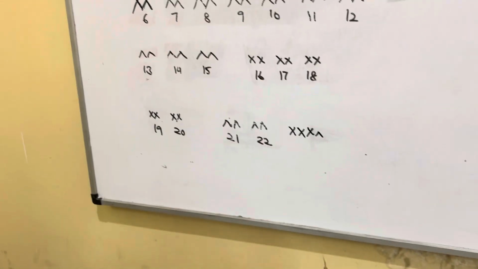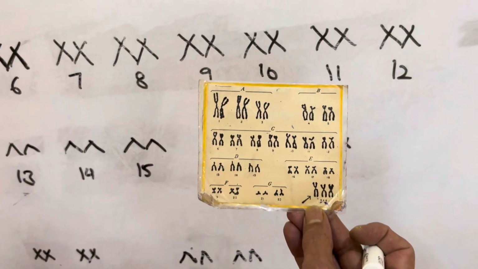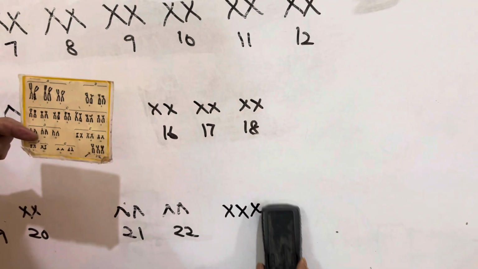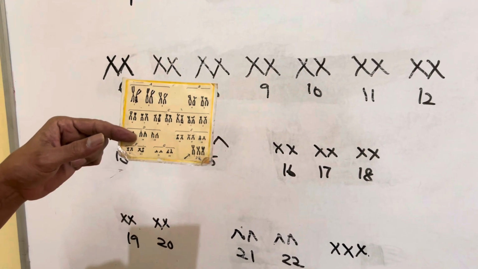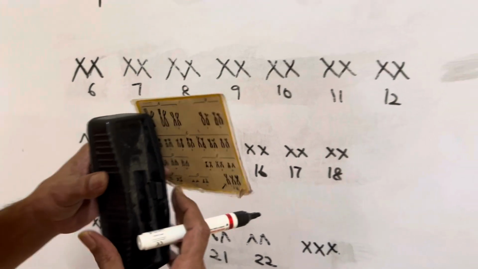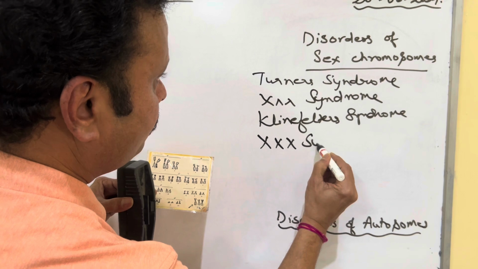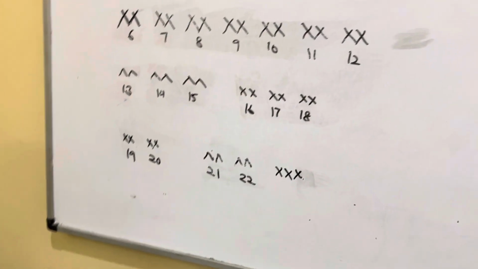Next, this one. This is a disorder of the sex chromosome. At the end you are finding three X, where Y is removed. So it is like this, three X chromosomes. So this we call XXX syndrome, seen in a female.